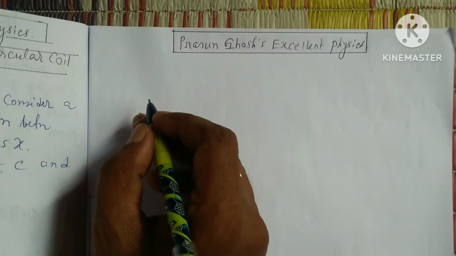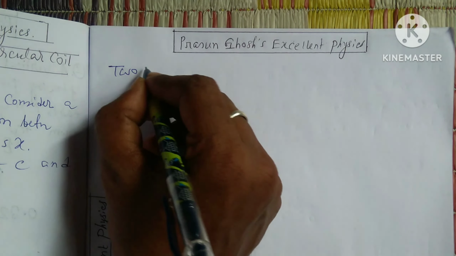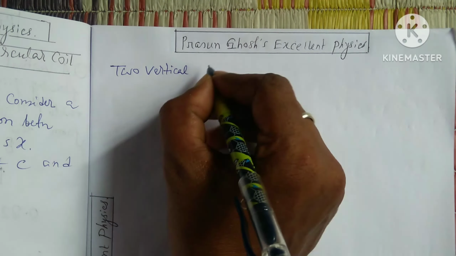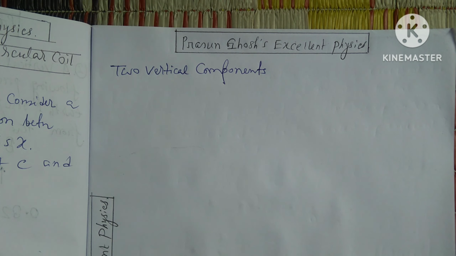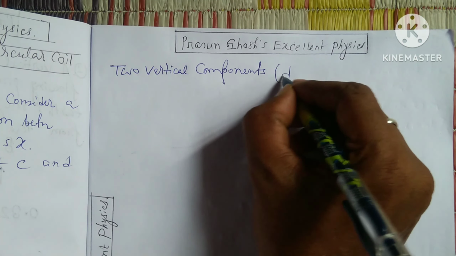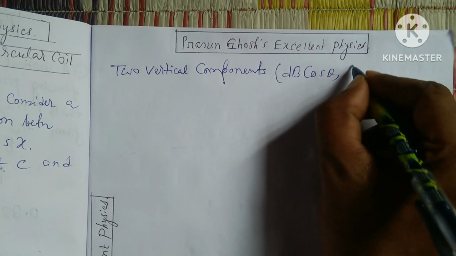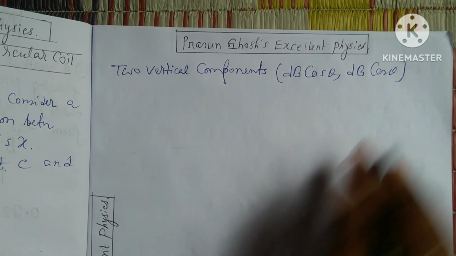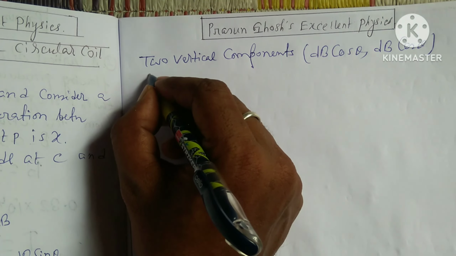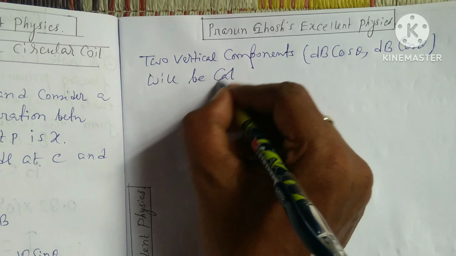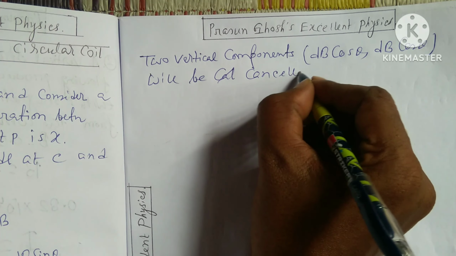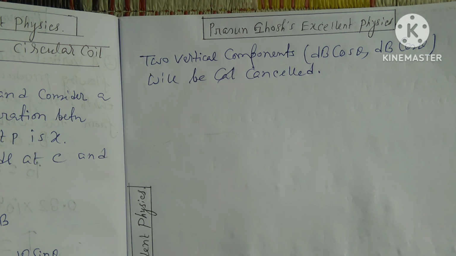So the two vertical components, that is dB cos theta, will be cancelled.